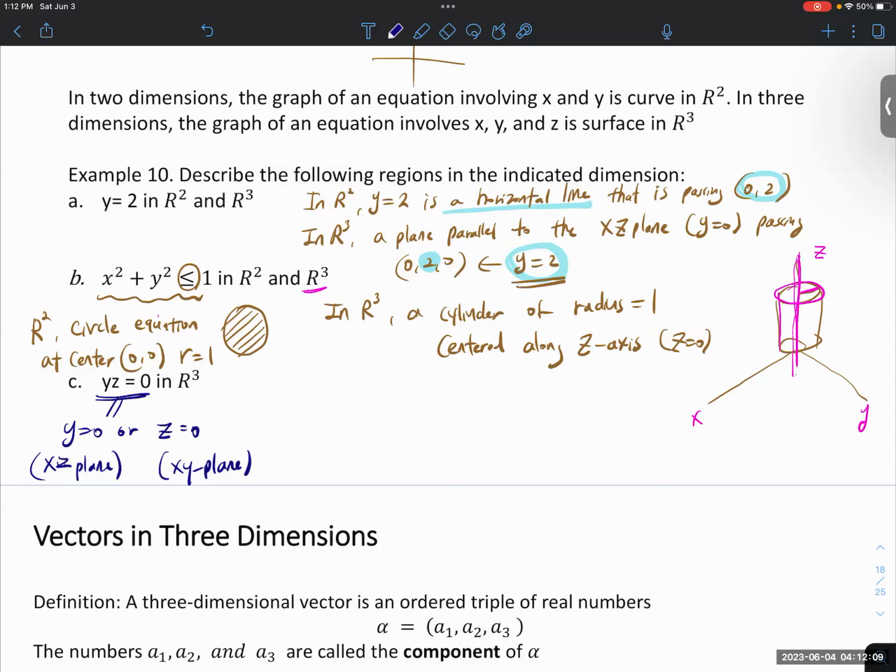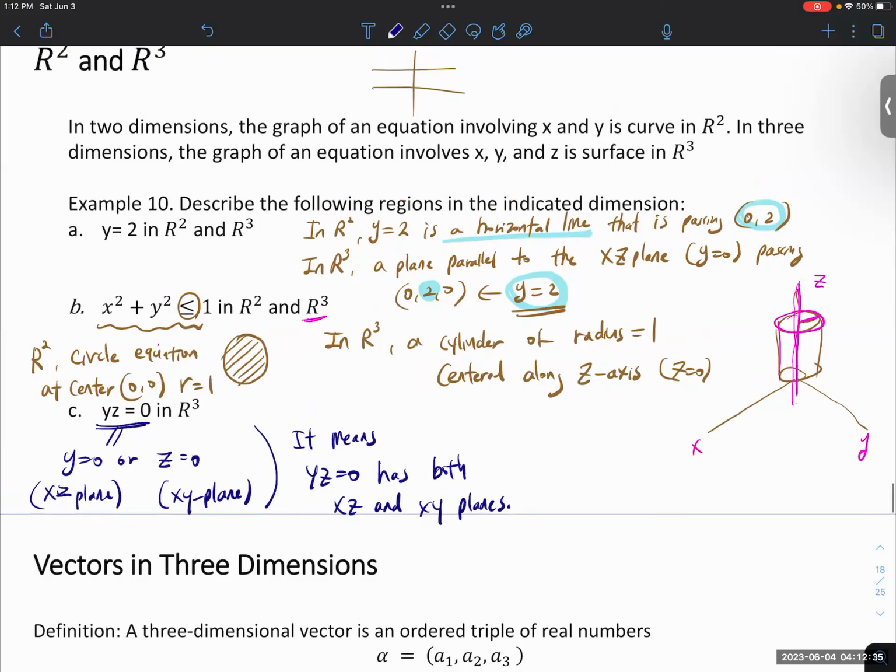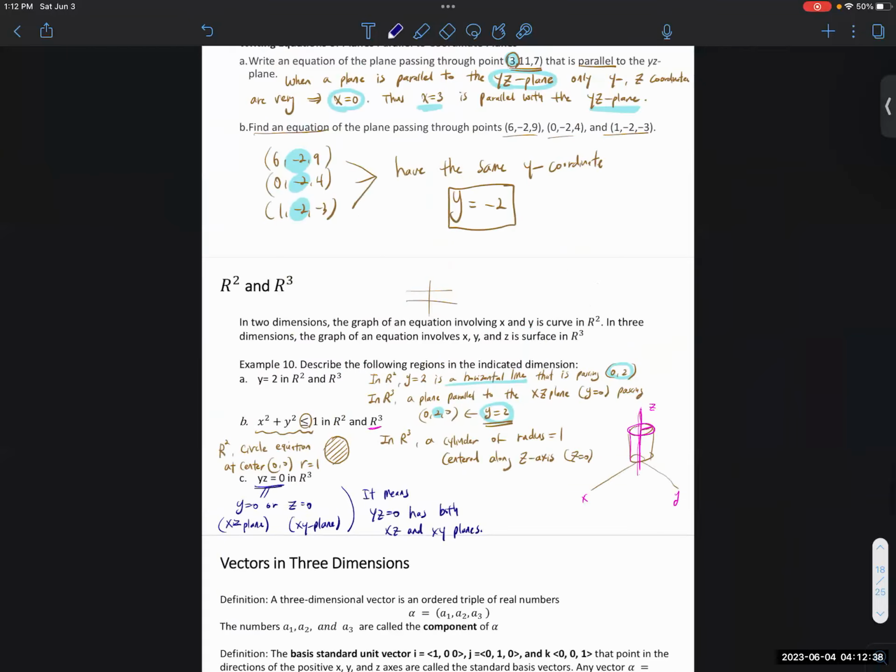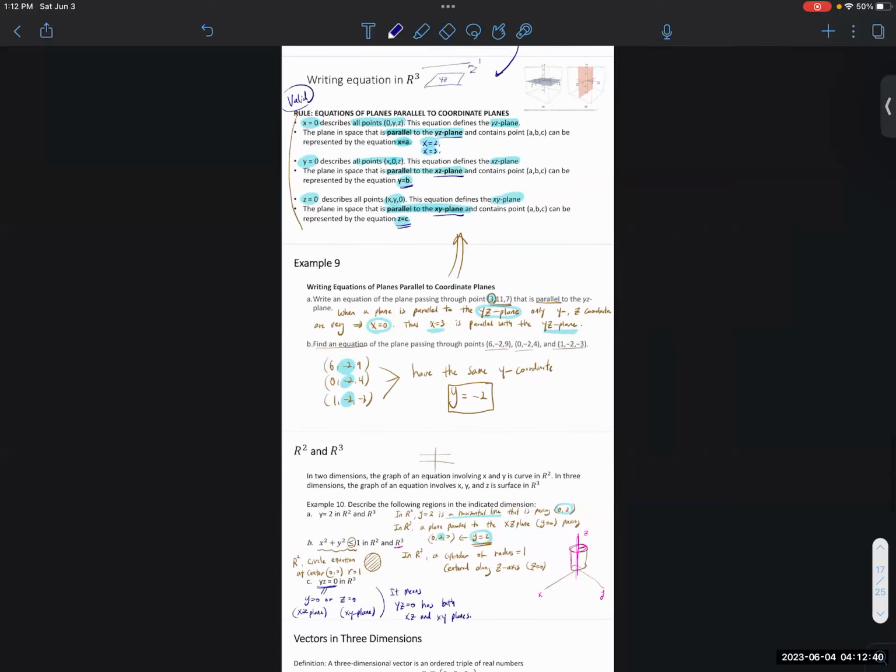So in 3 dimensions, yz equal to 0 has both xz and xy planes. Okay, we don't have the yz plane. So it has only 2 planes. That's what they mean. So think about the meaning between R2 and R3. Okay, so this is a very important concept. I really want to emphasize it.